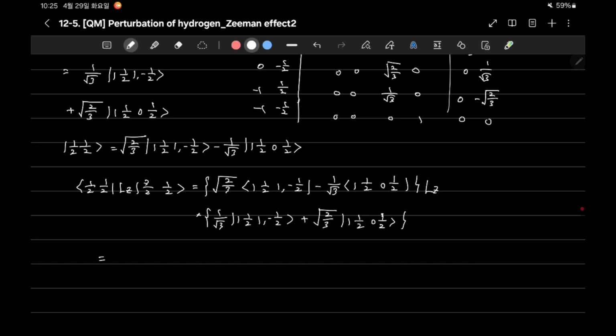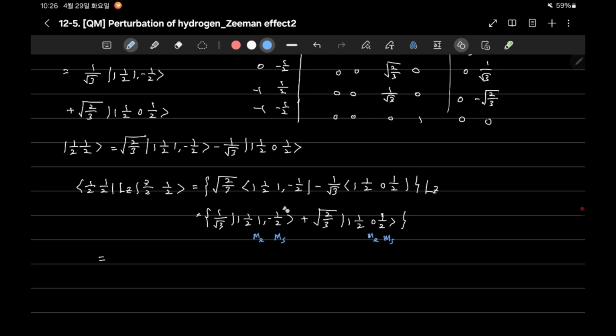Then in this expectation we should keep in mind that here it is M_L and here it is M_S. Then L_z operating on the orbital state with 0 gives 0, so we cannot consider that. L_z applied to the 1 gives h bar.